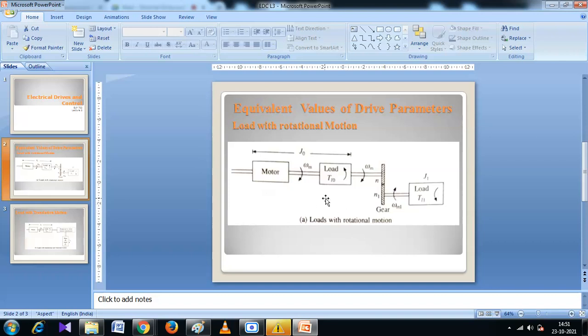Just listen. We have a motor load system with gear connected. We have to calculate the total or equivalent moment of inertia of that system, and we have to calculate the equivalent load torque of that system.